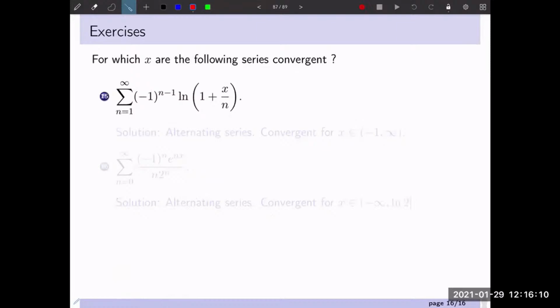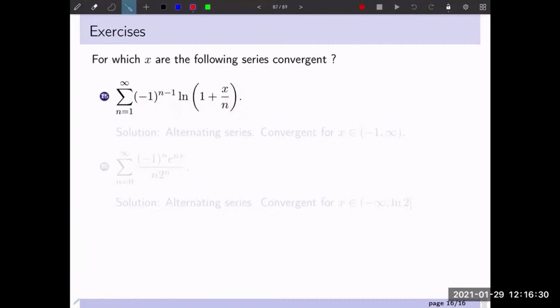If you add -1 to some power, this becomes an alternating series. For example, when x is positive, this is a positive number and decreasing in n, so it's a standard alternating series.